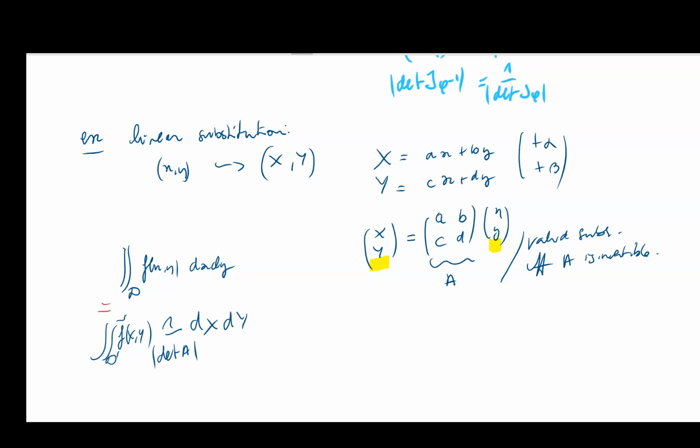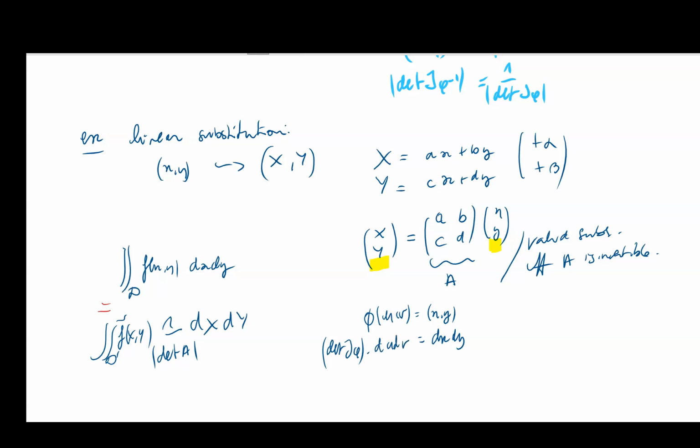So pay attention to this kind of thing. The formula I've given you is when you've got phi of u, v equal to your old variables, and then you get that dx dy is equal to the determinant of the Jacobian of phi times du dv.